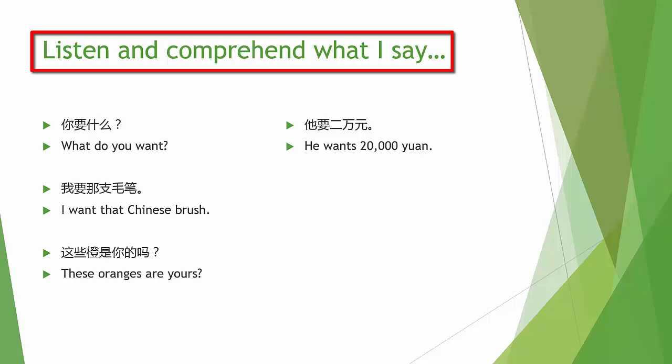Okay, and of course, if you want to use the other way of saying 2, which is 两, it's also acceptable. And the same would apply to thousands and hundreds, but not to 10. Okay, it doesn't make sense to say 两十元.